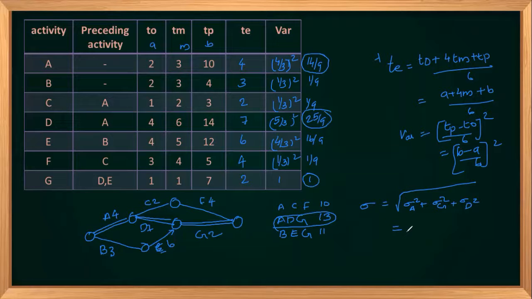So sigma for this critical path will be root of 14 by 9 plus 1 plus 25 by 9. So 25, 26, 30, 40. 40 by 9. Root of 40 by 9 will be my standard deviation of the critical path. This is how you compute or do the estimate in the case of PERT.